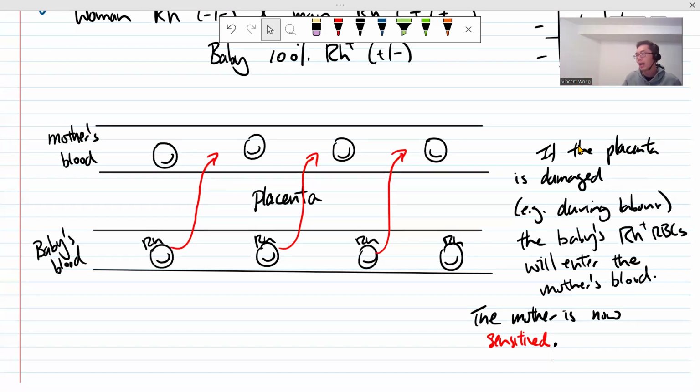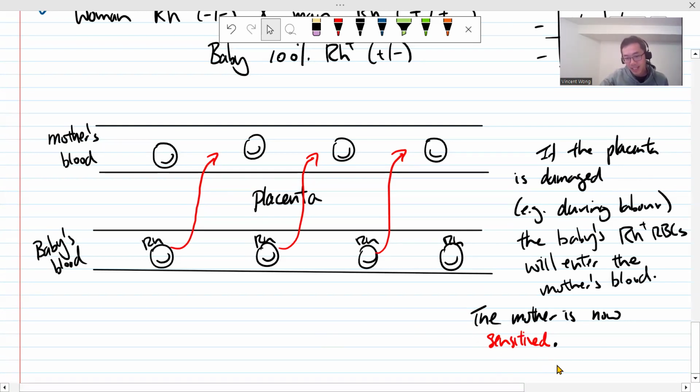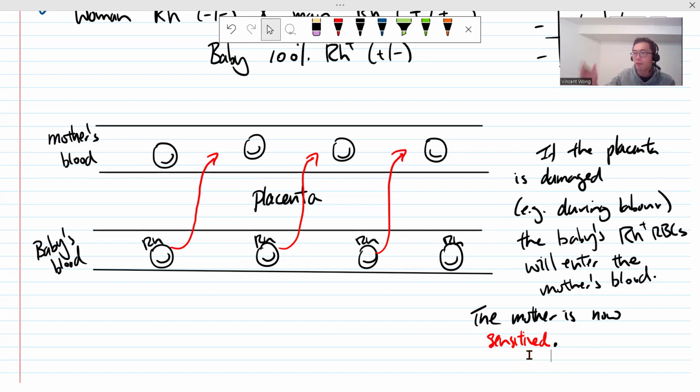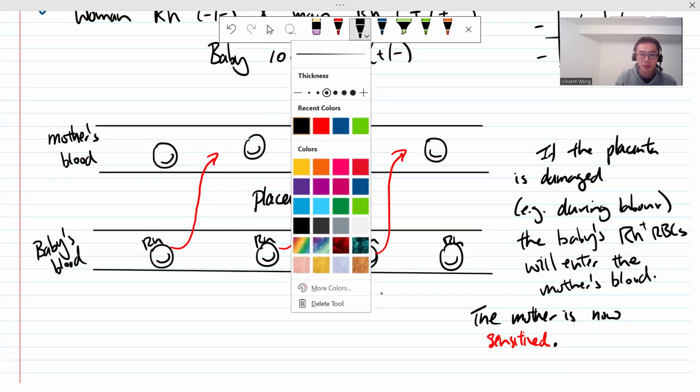Someone asked what happens if the mother is sensitized. Once sensitized, the mother's body will start to make anti-Rh antibodies. That's what it means. She will make anti-Rh antibodies, but it's not going to be a problem for the first baby, because by the time the mother has the antibodies, the baby is already delivered.